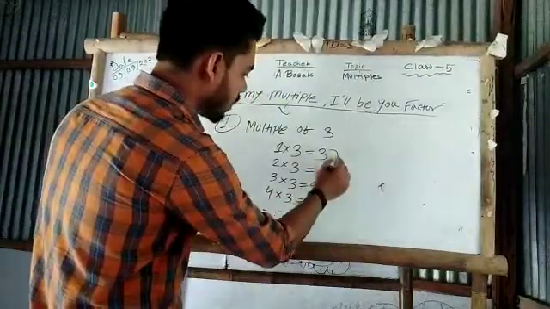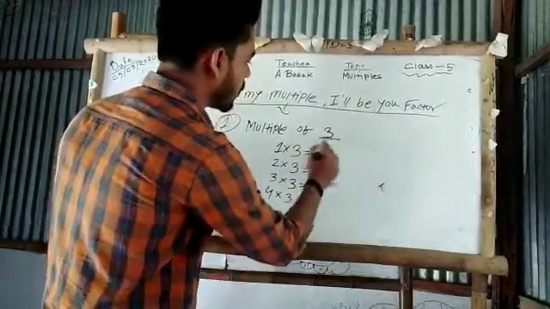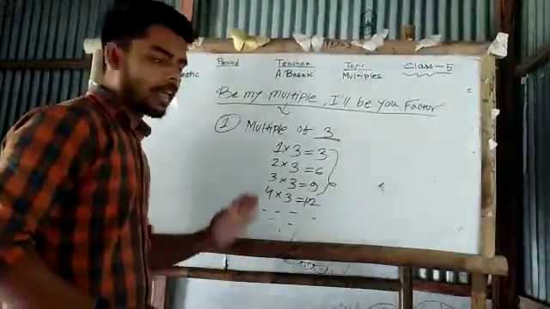These are the multiples of 3. You have to determine multiples like that.